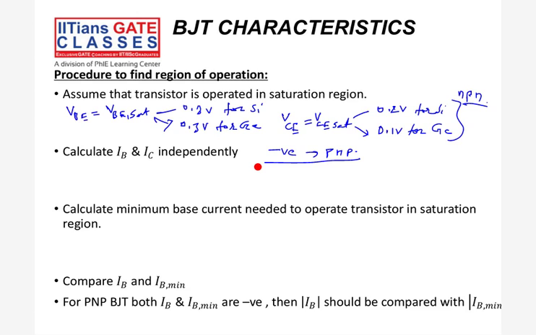Second, calculate IB and IC independently. We calculate IB, and we will not calculate IC from this IB. From the input and output circuitry of the BJT, we calculate IB and IC; these are independent.